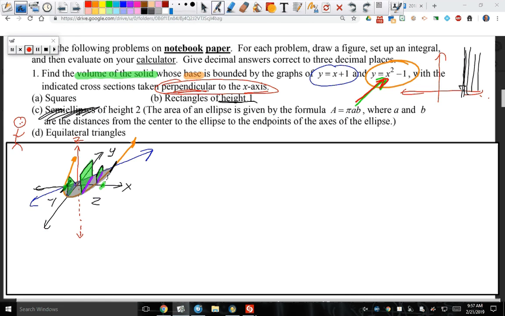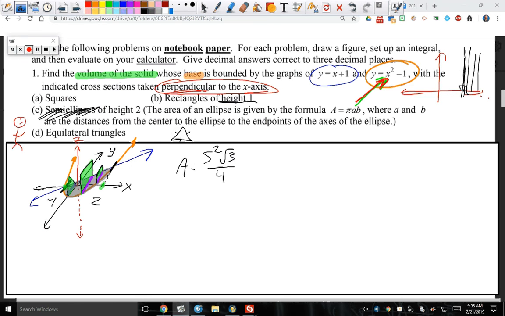What's the equation for the area of an equilateral triangle? This is an equation you should write down or have memorized. Side squared times root 3 over 4 is the area of an equilateral triangle. You with me?